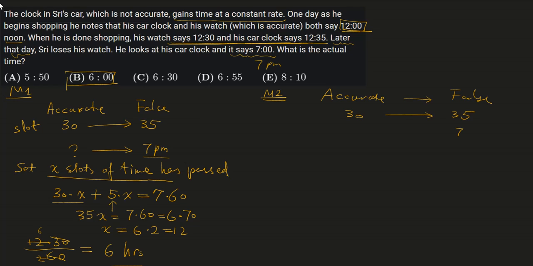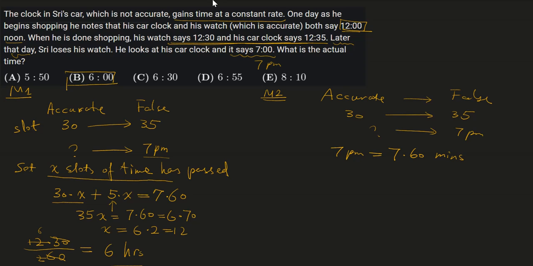Again, we have 7 p.m. and we want to know what maps to 7 p.m. Now we will do the calculation in the world of the false time system. So what does that mean? That means 7 p.m. is what? Let's convert that to the number of minutes in the false time system. So that equals 7 times 60 minutes that has passed since noon.